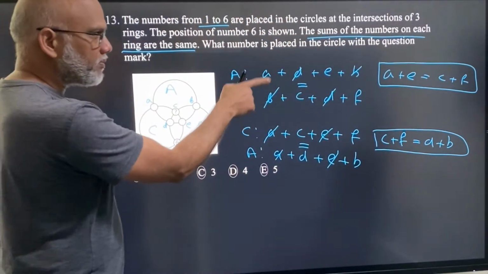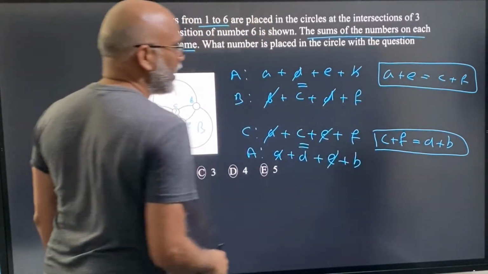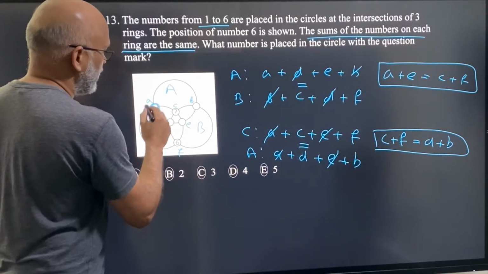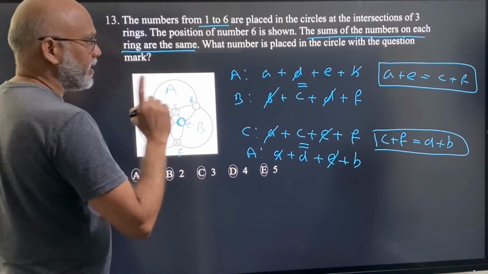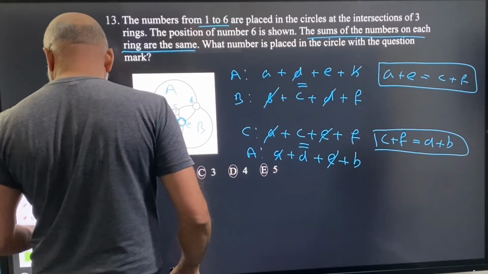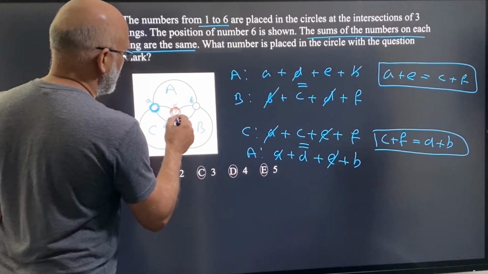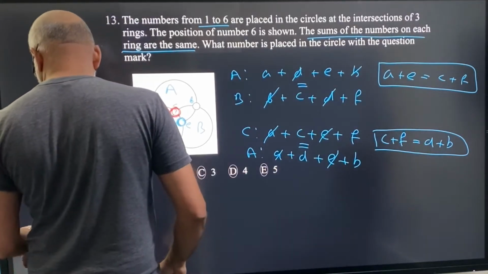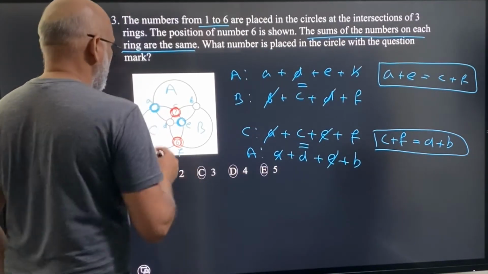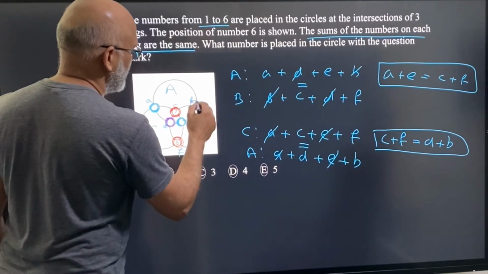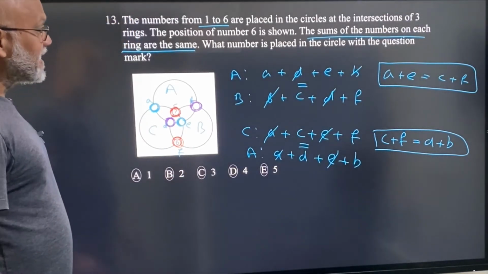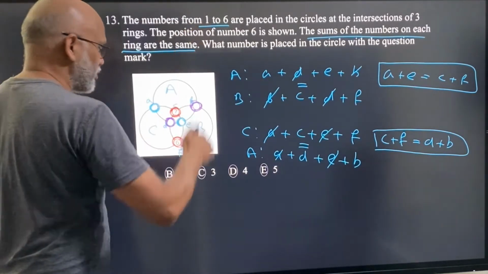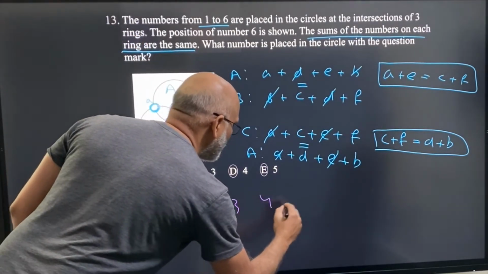So let's look at these 2 equations. A and E, this is A, this is E, that is the same as C plus F. That is C, F, and C plus F is the same as D plus B. It is D, it is B. So as you can see here, there are 3 pairs of numbers, where the numbers are from 1 to 6, 1, 2, 3, 4, 5, 6.